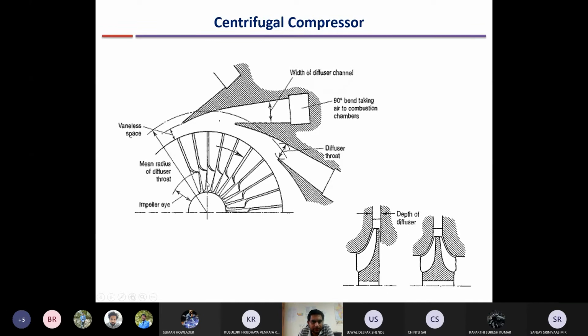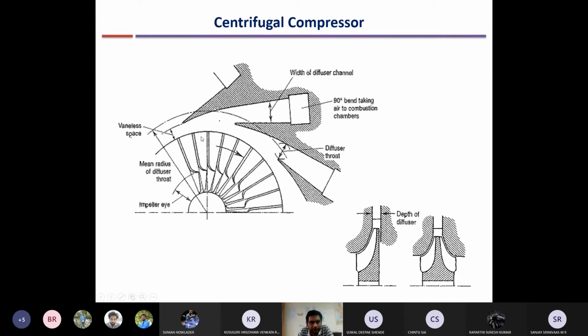Once the flow comes, it is gradually taken from the axial direction towards the radial direction. The radial direction is in the plane of the screen. So you have the flow coming like this, and I hope you can see me also. It goes out like this, in the radial direction, with a certain velocity.